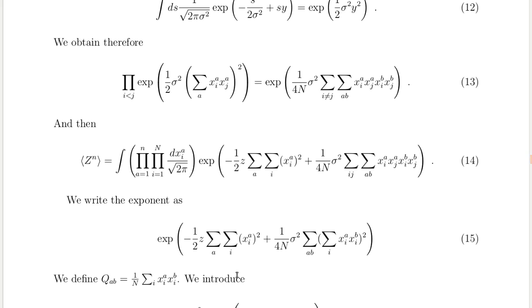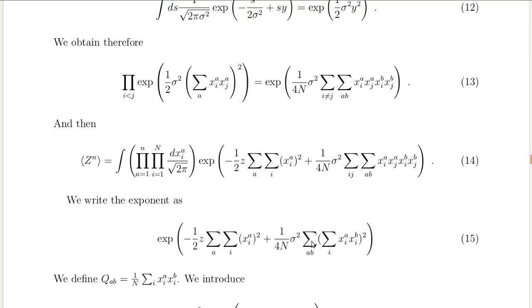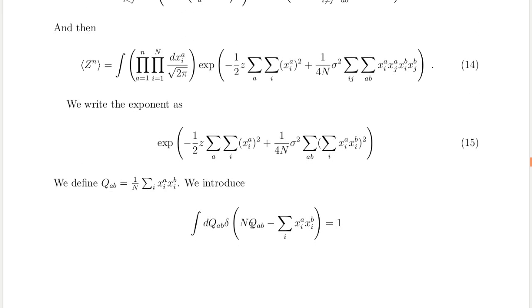At this point, we can do some algebra and rewrite the argument of the exponential of the term that we are integrating. We can also define this quantity, which is a matrix with indices over the replica indices. It is called the overlap, and it is just a scalar product over the degrees of freedom.